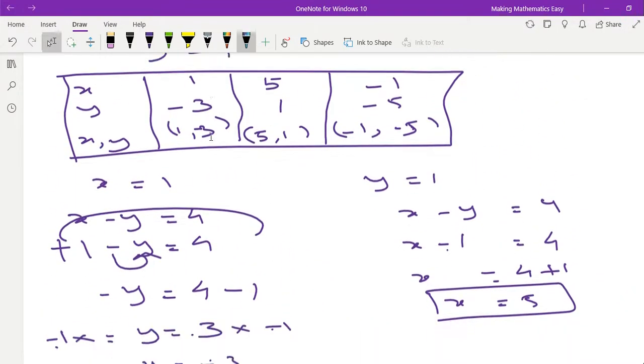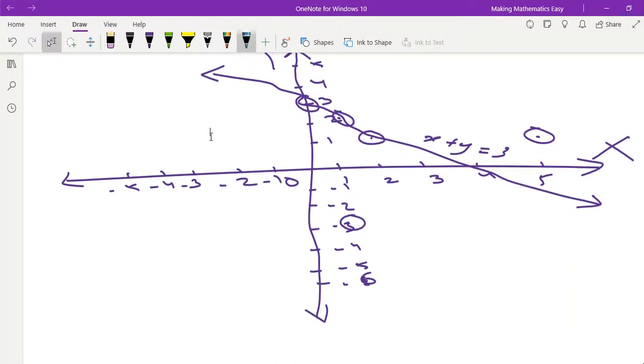Now your next coordinate is minus 1 and minus 5, so it will come somewhere over here, and when you join these three points together, it will go something like this.